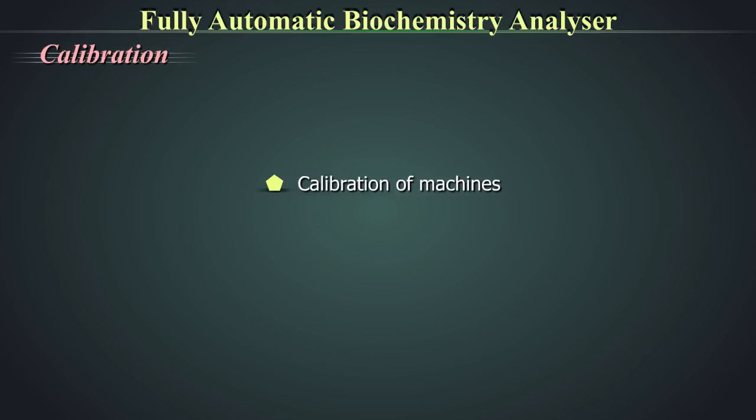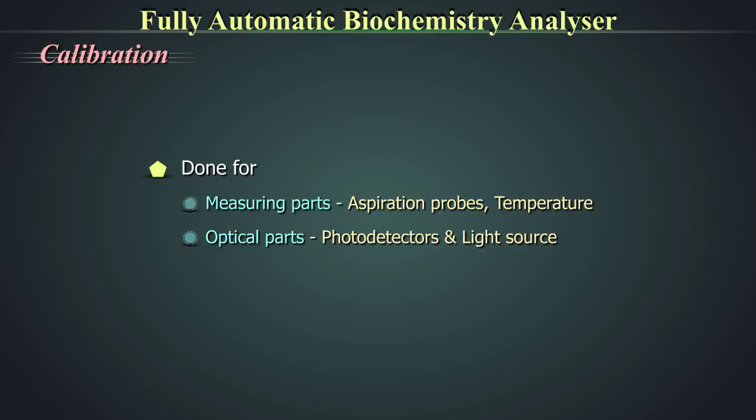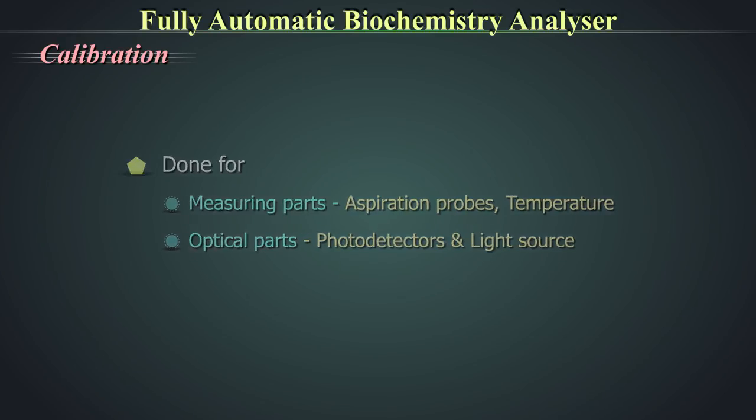Calibration of the machine is done by the company engineers for the measurable parts like aspiration probes, temperature, etc., and optical parts like photodetectors and light source at regular intervals.